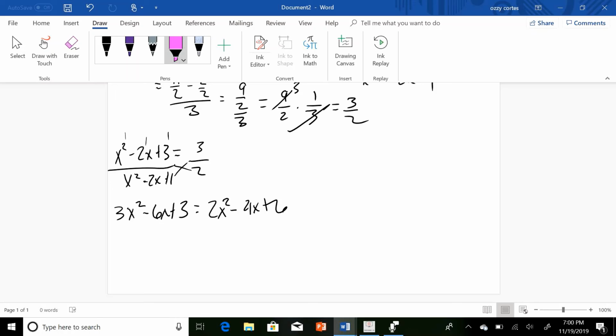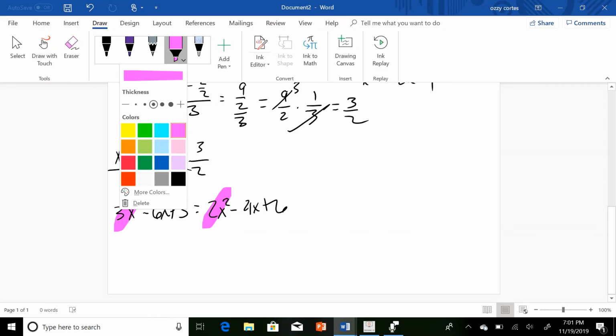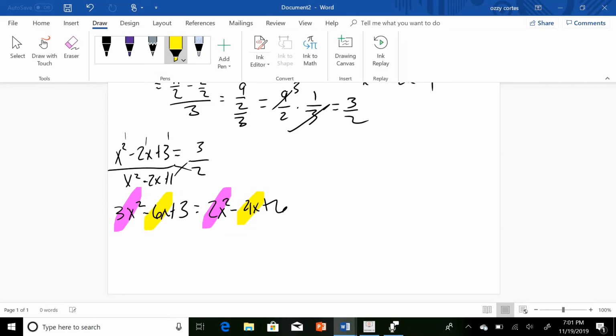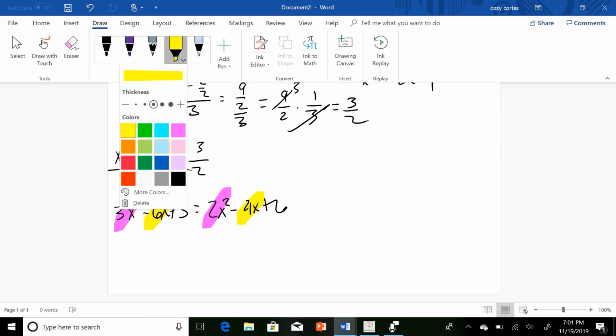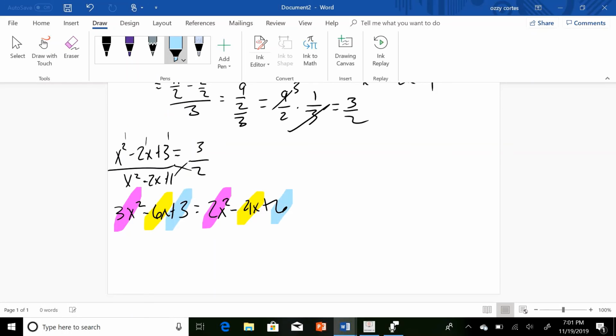But here in this step, now we just have to move everything over to one side and see what that gives us. So this 2x squared would go with the 3x squared, this negative 4x with the negative 6x, and this 6 with the 3. Now be careful because here we have a positive 2x squared, so we would subtract, so that gives us x squared. A negative 4x we would have to add to the negative 6x, so that gives us minus 2x.